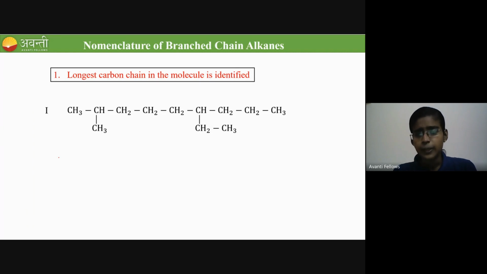You can see the straight chain is the longest chain, right? Because we have 1, 2, 3, 4, 5, 6, 7, 8, 9 carbons in it. If we take this other chain as the longest chain, here we only have 8. So 8 is not a bigger number, no? 9 is bigger. So this is the longest chain, the more carbon containing chain.